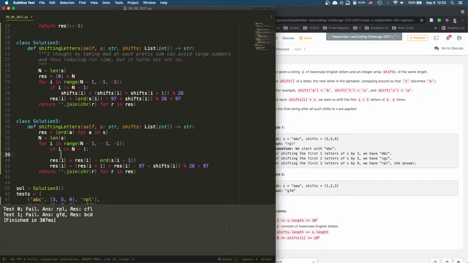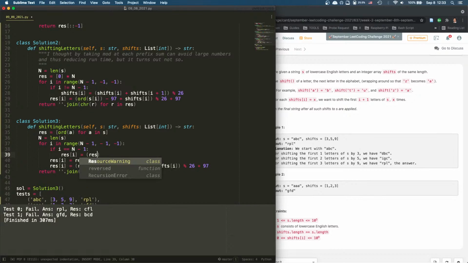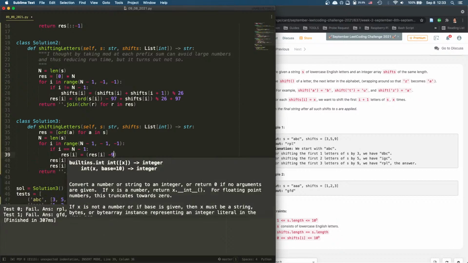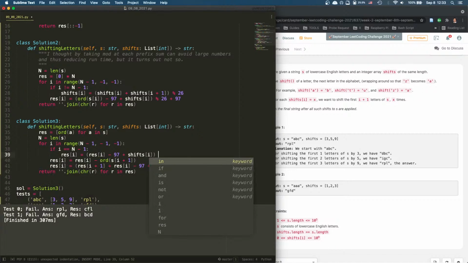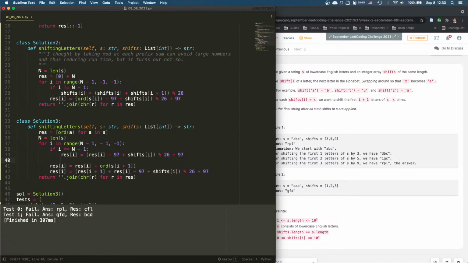But anyway, so this res i equal to res i plus minus 97 plus shift i mod 26 plus 97, and then else.